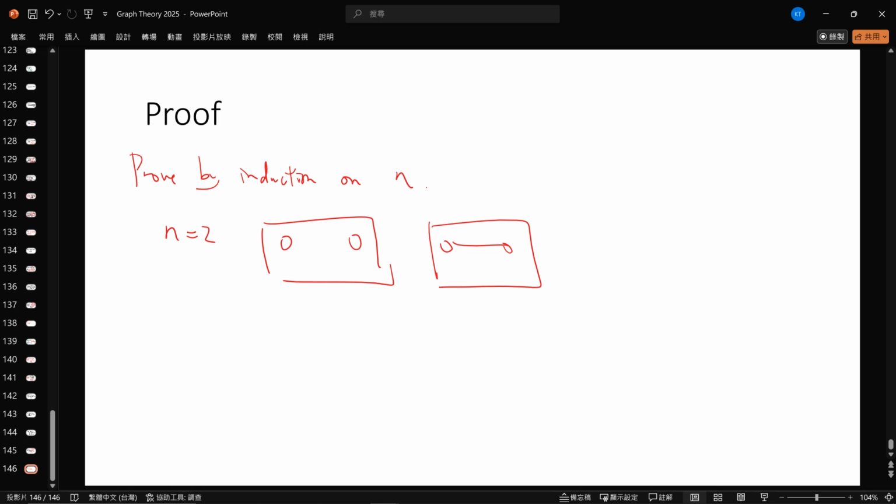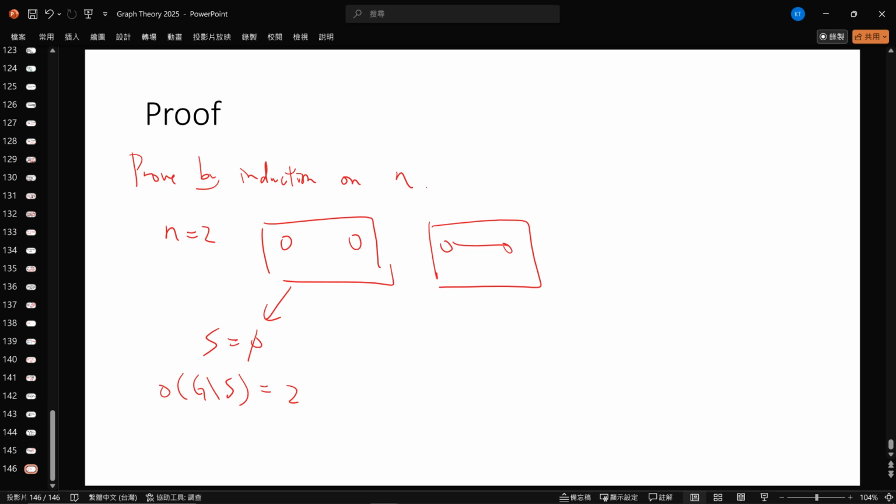Okay, so again you can consider the empty set. If you take S as the empty set, then the number of odd components is 2, because this is one odd component and this is the other odd component.